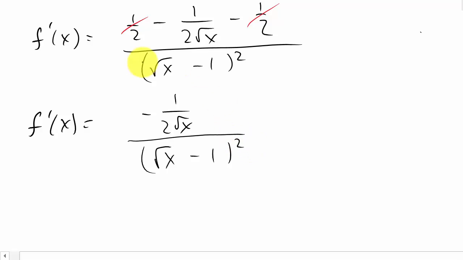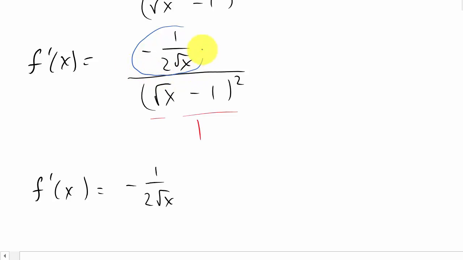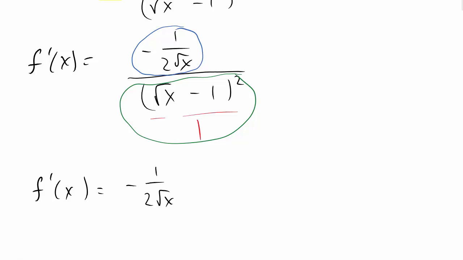Alright, so here we can look at this as being over 1. Remember how to do this. So that's f prime of x is equal to negative 1 over 2 square root of x. Okay, so remember, it's this divided by this, which is the same thing as this times the reciprocal of this.